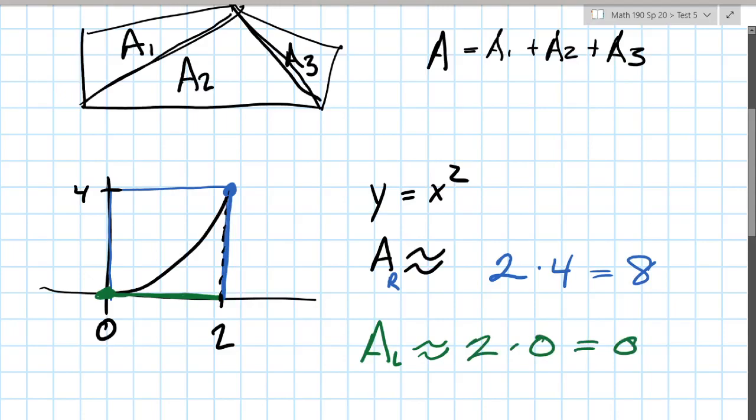Well, that looks like an underestimate of the true area. And I would say the area is somewhere between 8 and 0. The 8 overestimates by that, and the 0 underestimates by that.